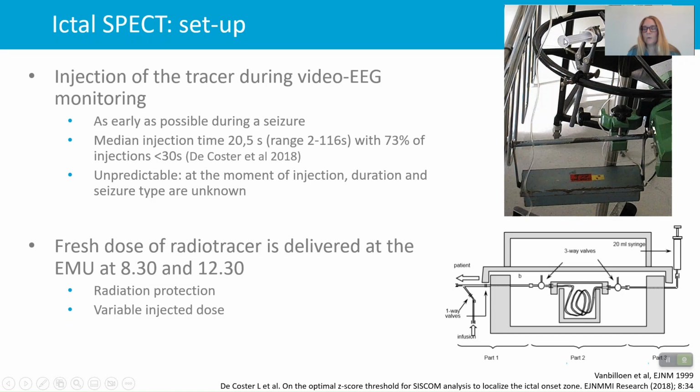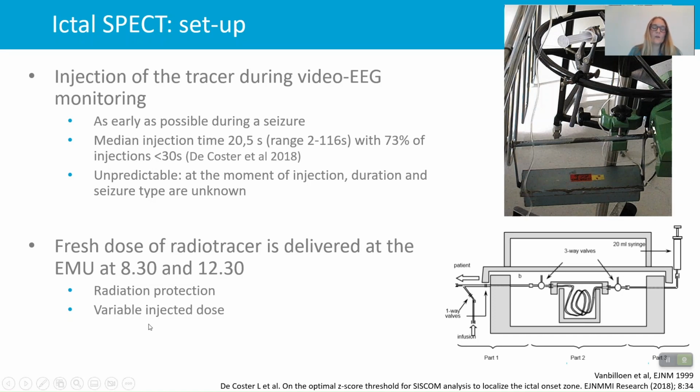So if they press this syringe with saline here, through different valves, the tracer will be injected into the patient. Also, because you never know when a seizure is going to happen, so when you can inject, the injected dose is quite variable, which will be calculated afterwards because the radiopharmacy department knows the starting dose and the timing of the injection.